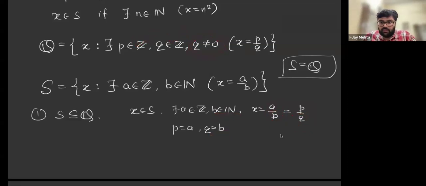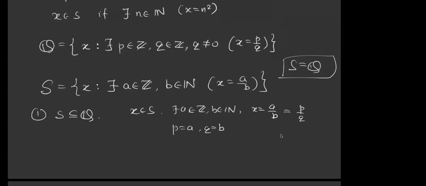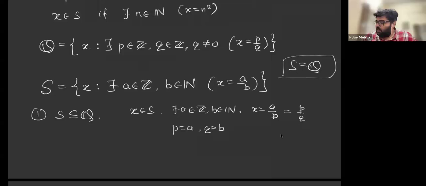Why is it the case? Because natural numbers begin from 1, so Q is anyway non-zero. I have simply taken P equals A and Q equals B, so I have S is a subset of Q. This was clear yesterday also, but those who followed this say yes.